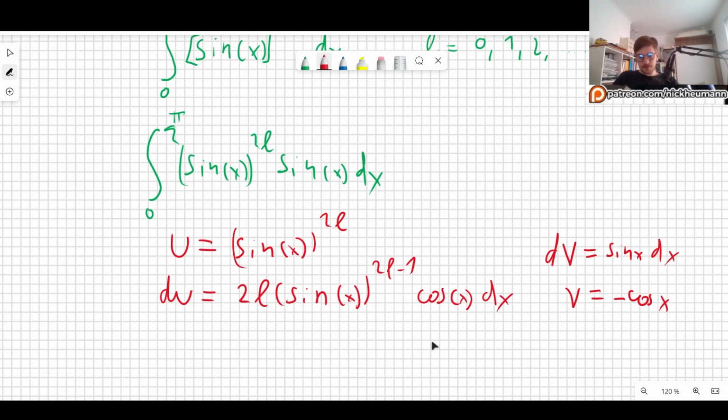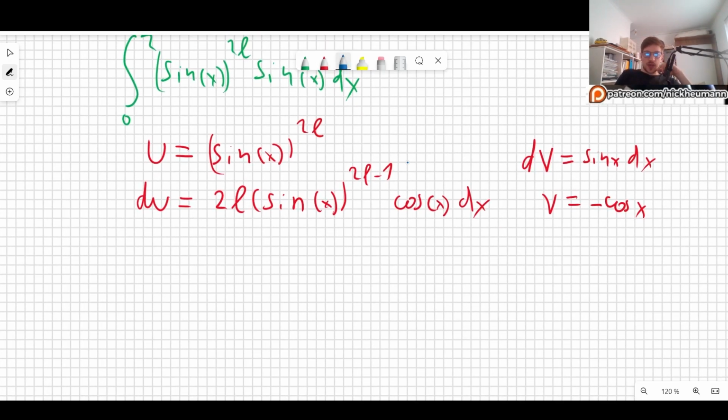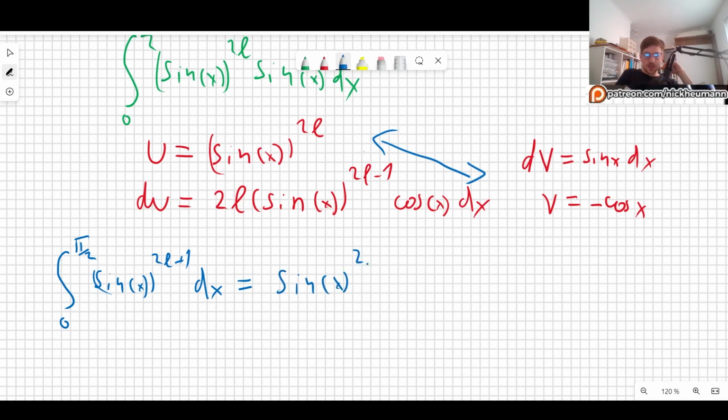Okay, so now we write the integral. So we get that the integral from 0 to pi over 2 of sine of x to the 2l plus 1 dx is going to be the product of these two parts. So we get sine of x to the 2l times minus cosine of x, and I have to evaluate this between 0 and pi over 2.